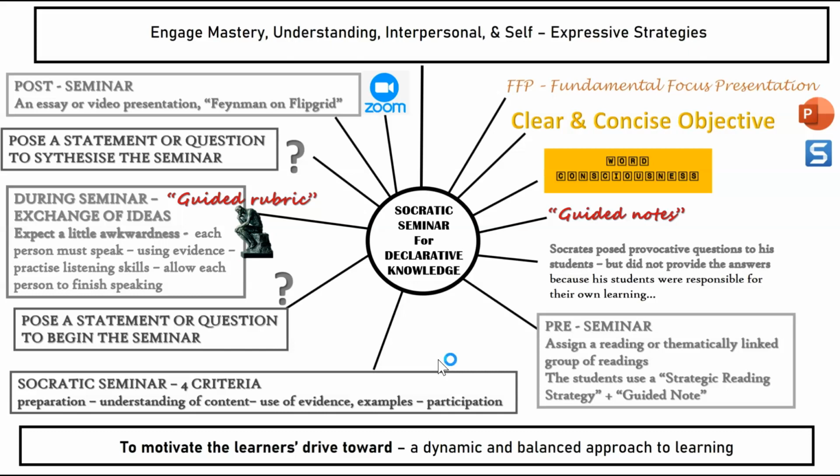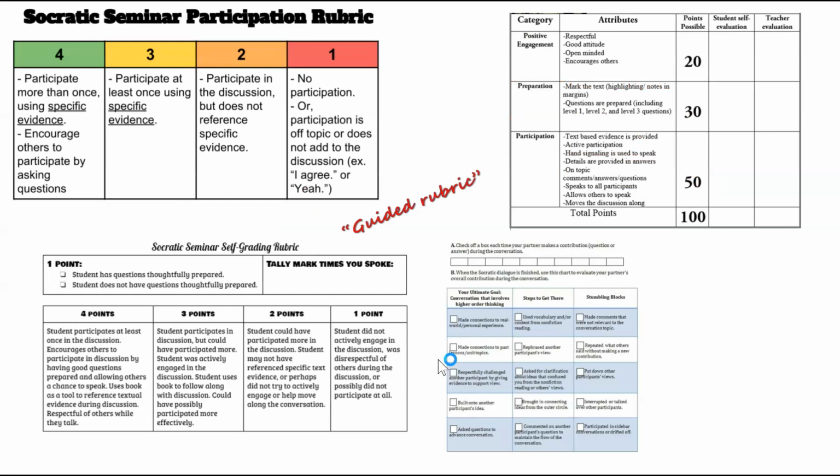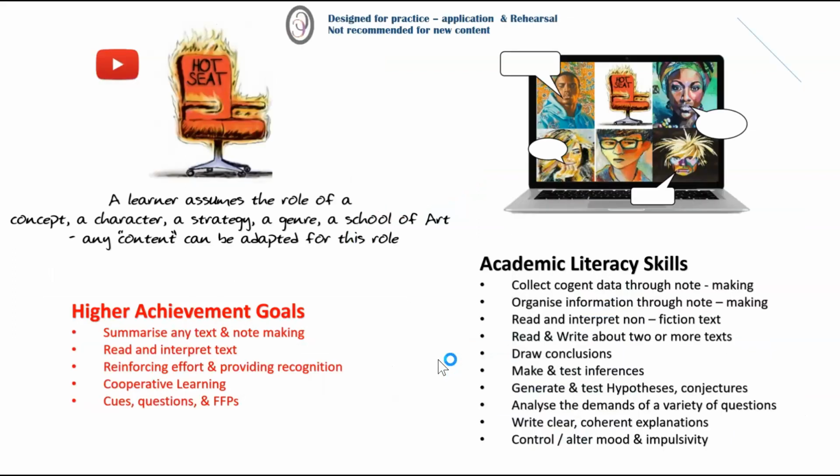Post-seminar, they can do Feynman on Flipgrid, or an essay, or a video presentation, or a Padlet. Okay? And while the Socratic Seminar is in process, you can give them a guided rubric to use. Excellent.